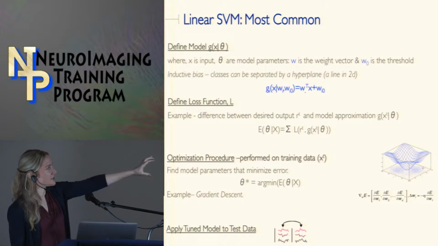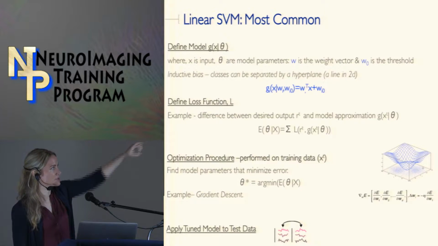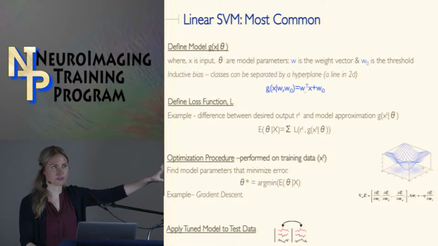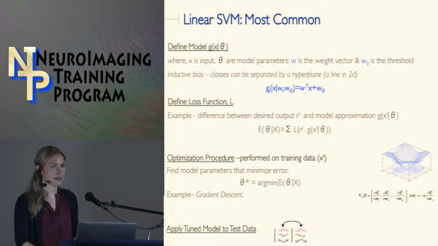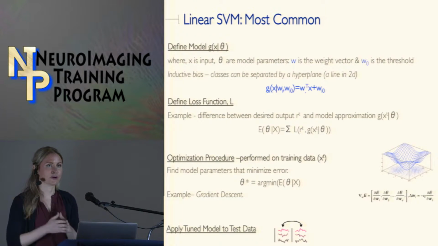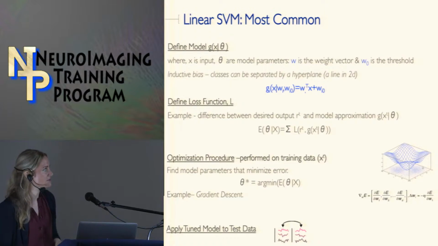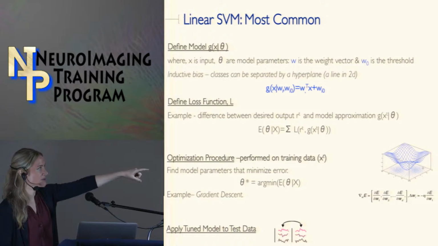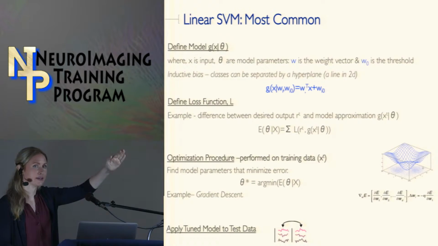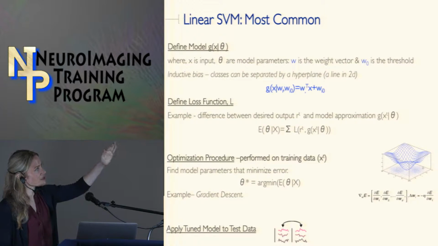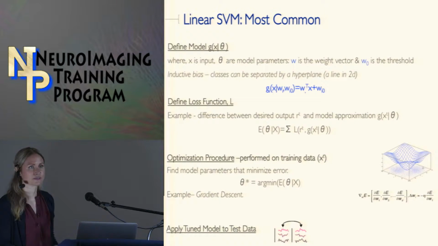Then, in order to estimate these parameters, we have some sort of an optimization procedure. Often you initialize some random weights. Maybe they're not random, but sometimes they are. Then you perform an optimization procedure to iteratively change the weights as well as the thresholds.